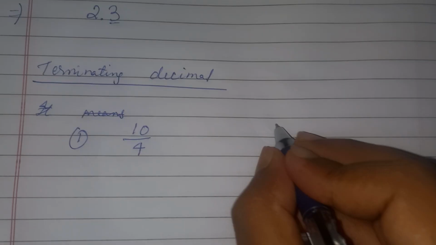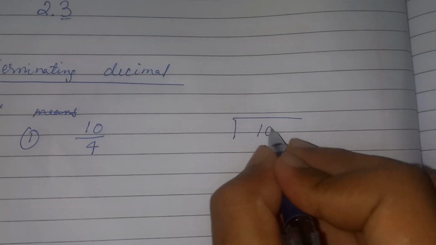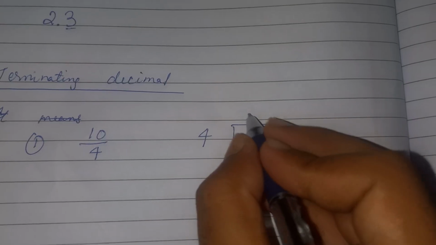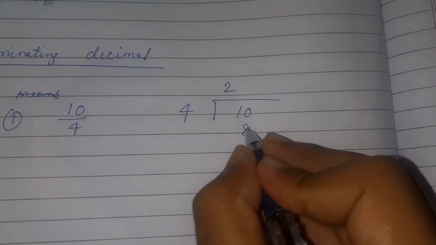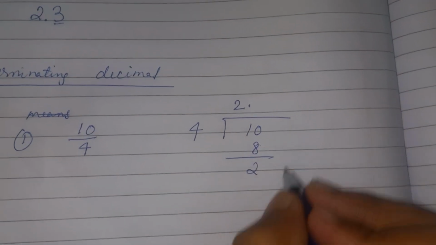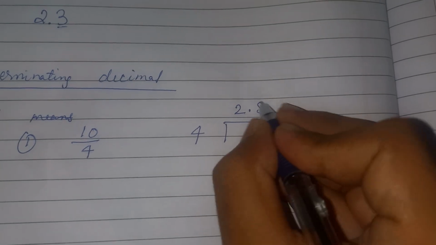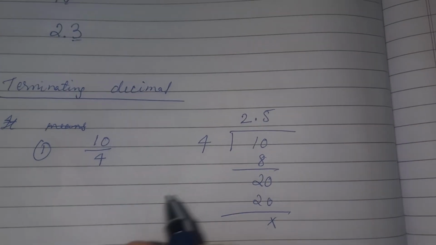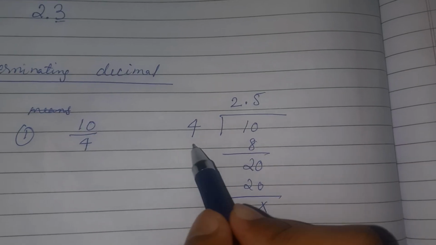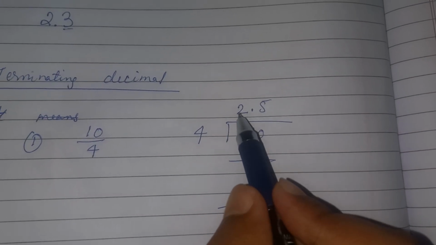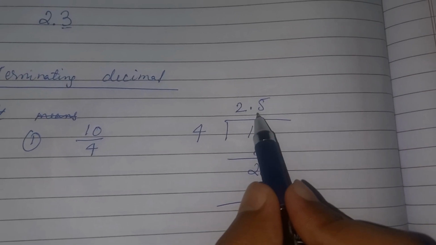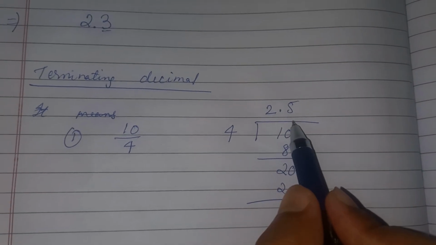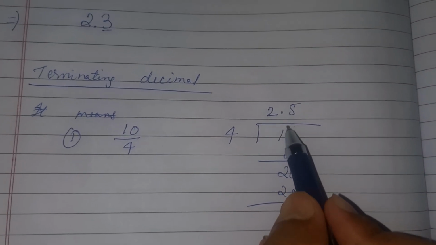If we divide 10 divided by 4, 4 2s are 8, point, 4 5s are 20. So here in this case, it is a terminating decimal, since after the point it is ending in one digit only.